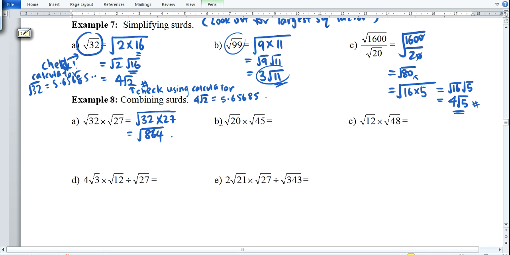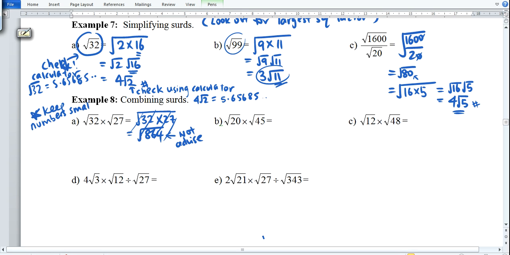This is not advisable, because if the number is so big, you're going to have a hard time trying to find its largest square factor. So instead of doing this, I'm going to teach you a more convenient way, which is basically to keep things small. Keep your numbers small.